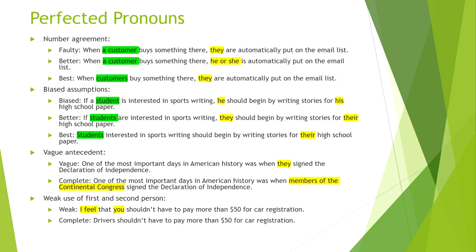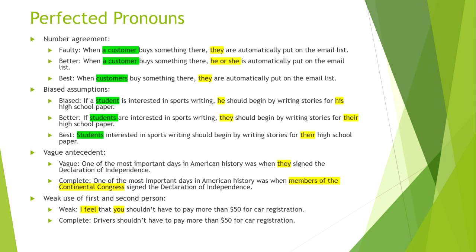And then this writer has assumed that anybody interested in sports writing would be a he, right? Would be male, which of course isn't really true. There's plenty of women and girls interested in becoming sports writers, right? So you can't assume that all of them should be he unless you intend to be deliberately biased, right?